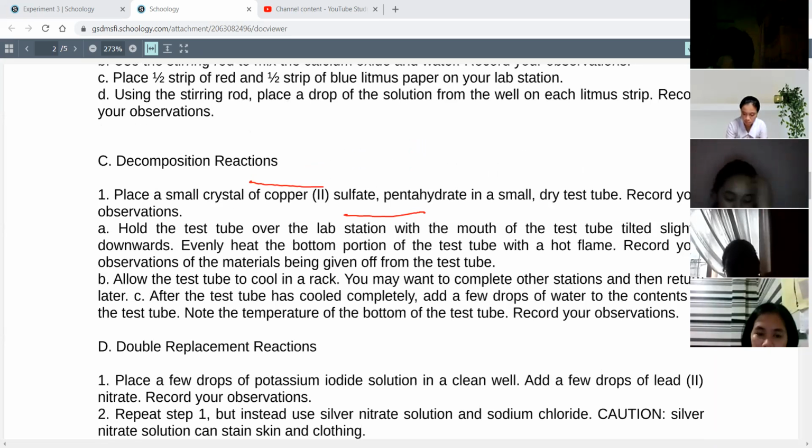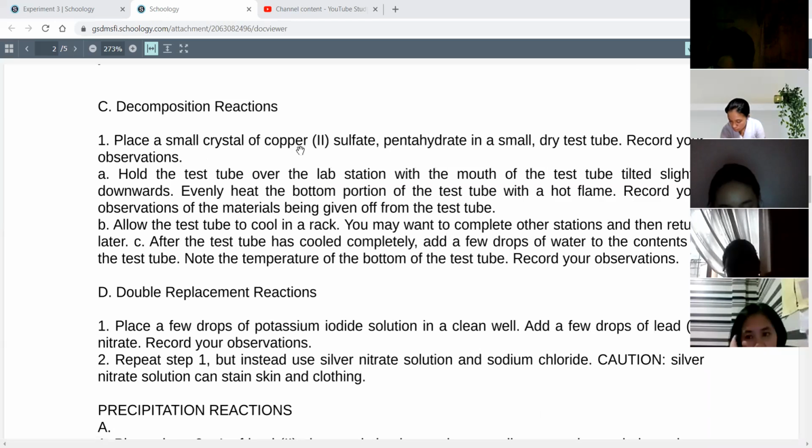And then we have sa letter C, decomposition reaction na naman ito. Sa decomposition reaction, the only reactant that we have here is the copper 2 sulfate pentahydrate to be placed in a dry test tube. And then after that, we will be subjecting the dry test tube sa flame of the Bunsen burner.